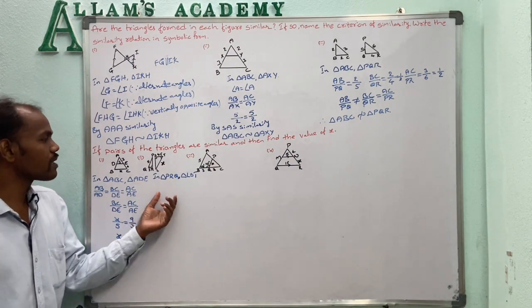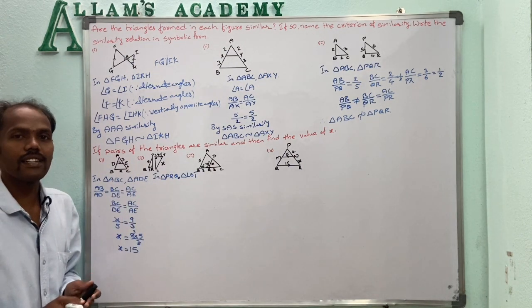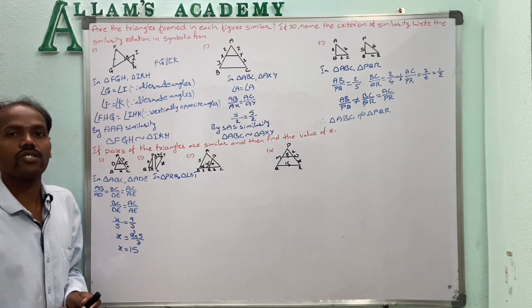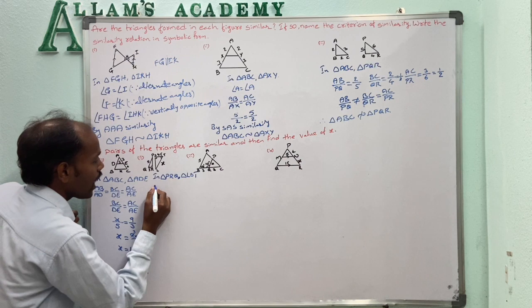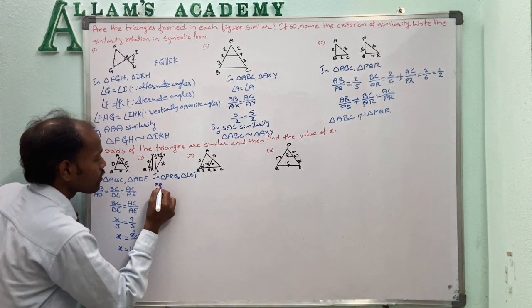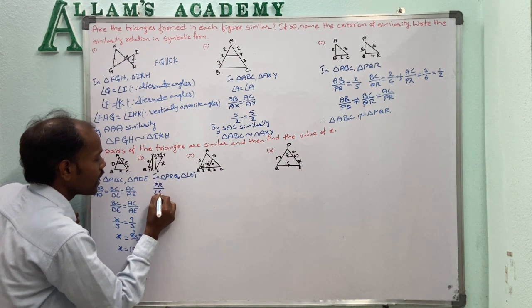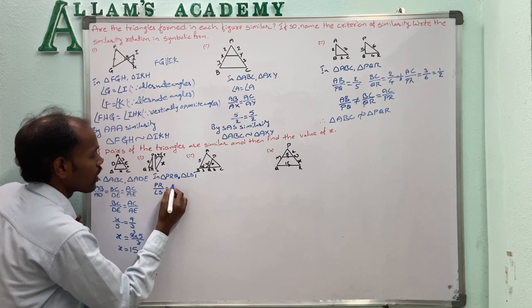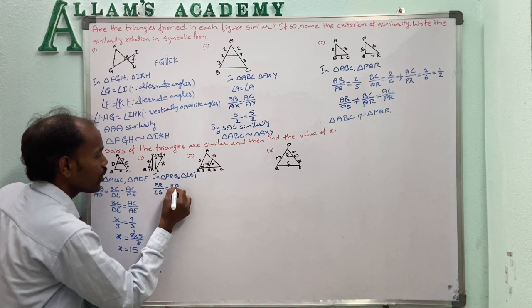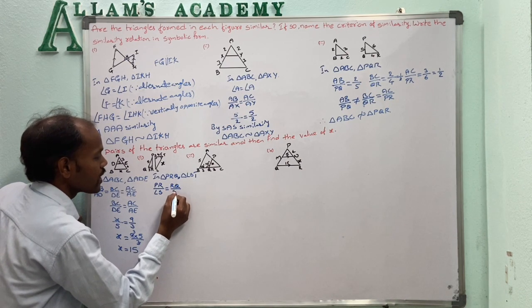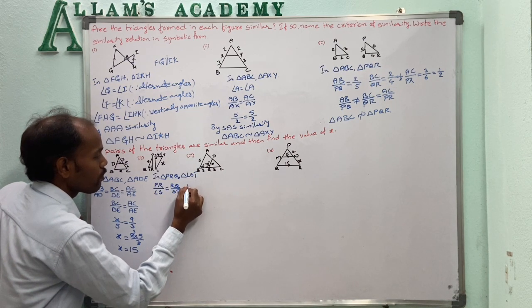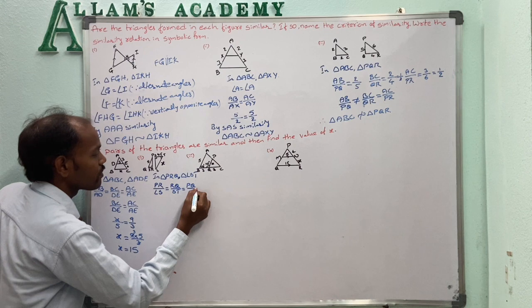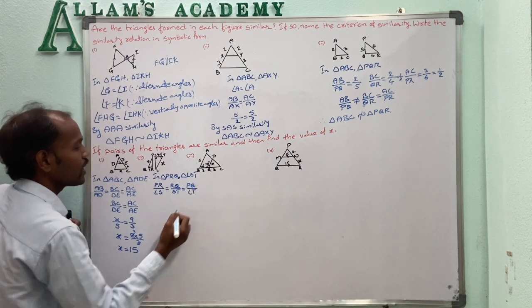Triangles similar means their corresponding sides ratio is also equal. So PR by LS equal to RQ by ST, that equal to PQ by LT.